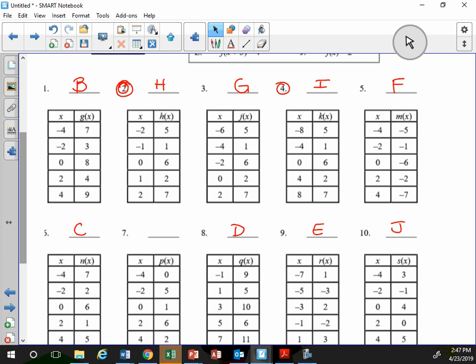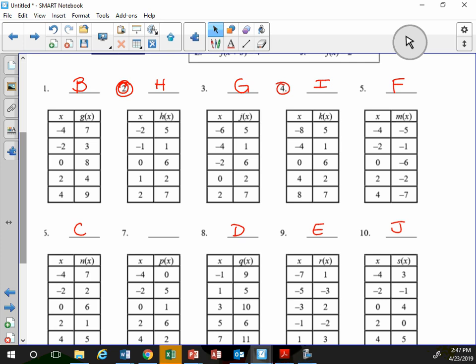I'll show you why. I will explain 2 and 4. So see, that's the f of negative x, right? That's just saying your x's are changing sign. So negative 4 is going to become positive 4.